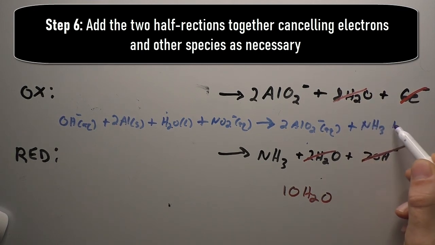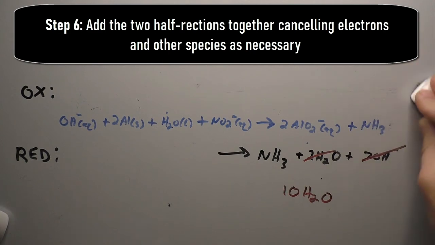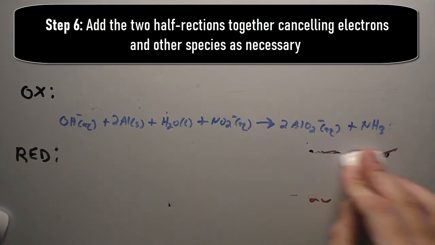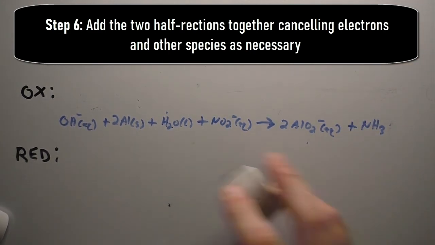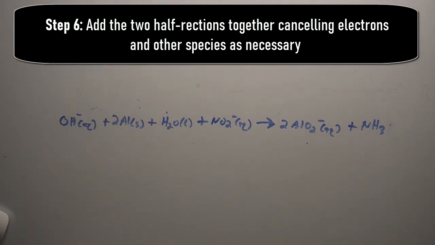And that's it. So that does it for our combined reaction. I'm going to erase these because we no longer have half reactions. Now we just have what we think is a balanced combined redox reaction, right?